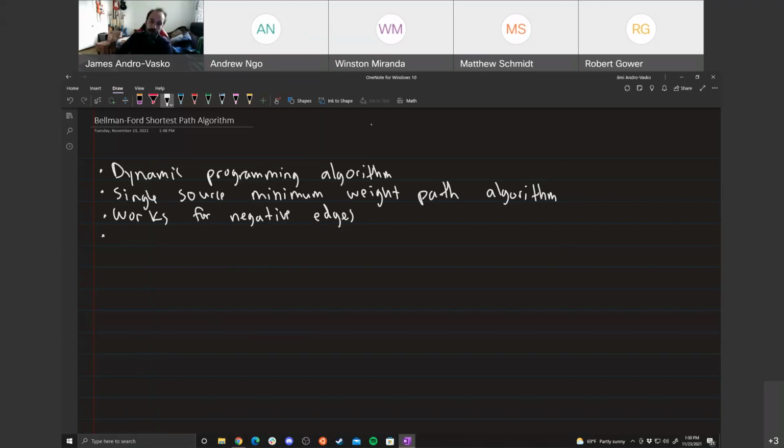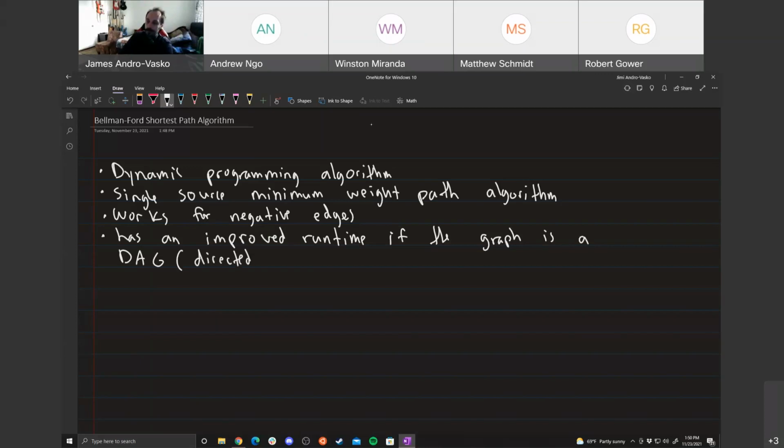Another interesting concept, I may not be able to cover this, I don't know for sure, but it also has an improved runtime if the graph is a DAG, which is short for directed acyclic graph.